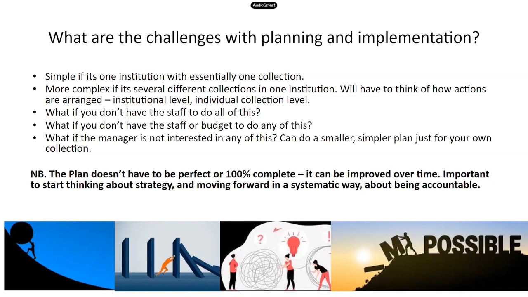It doesn't stop you, and maybe your little group of colleagues who work in a collection, from still thinking about where are we, where do we want to go, what do we do, and then saying to your manager, put this into my performance agreement. This is what we're planning to do. So I think it's everybody's responsibility to think about planning, not only managers.